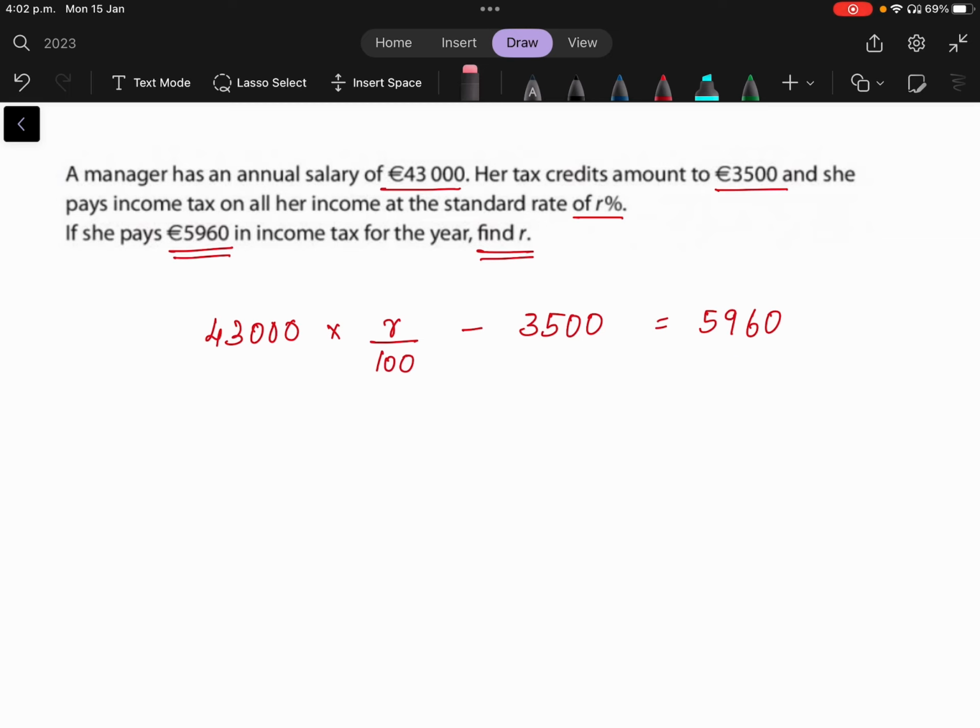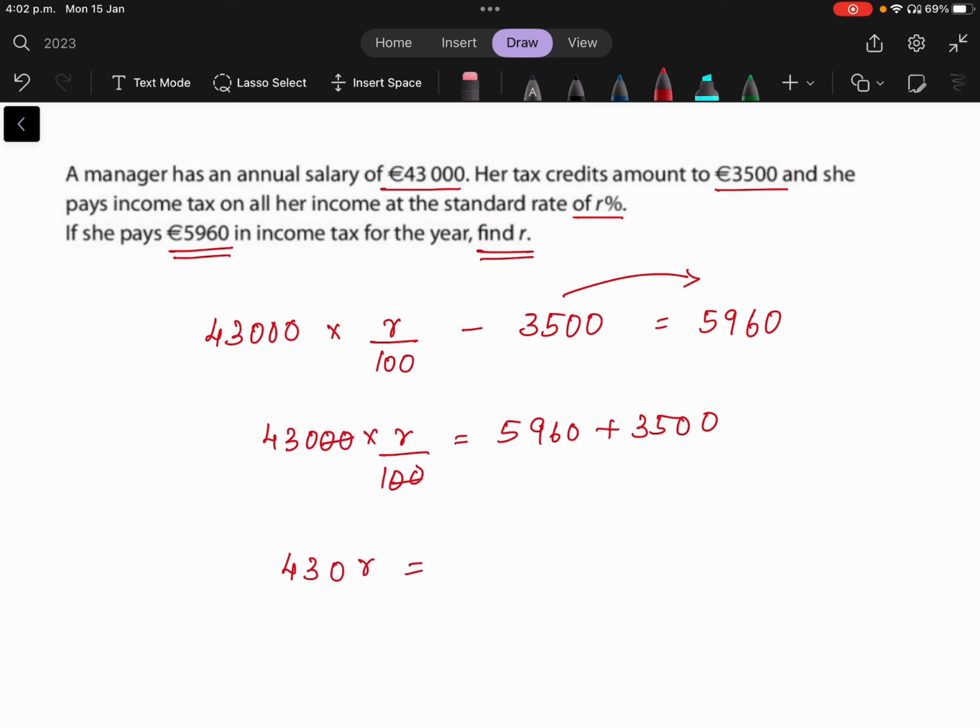Now once you write this format, it is pretty easy because it is nothing but algebra. You have to find the unknown variable R. So first you take this to that side. It is 43,000 times R over 100 is equal to 5,960 plus 3,500. Maybe I can just cancel off this zero, or you can directly do it in the calculator, that is also fine.